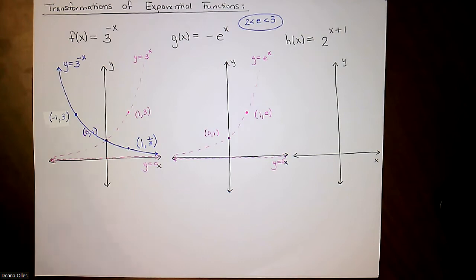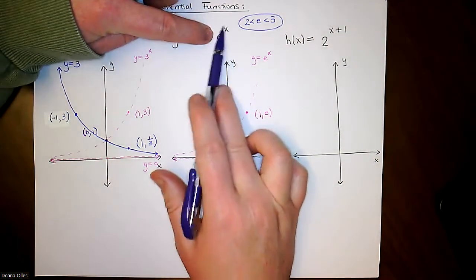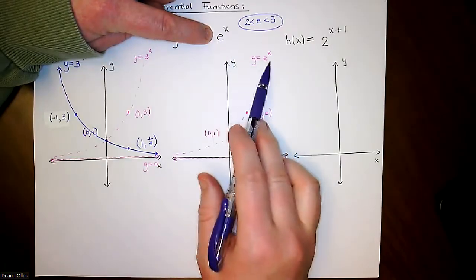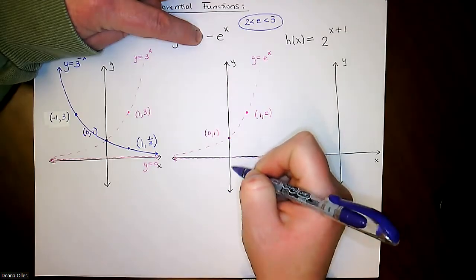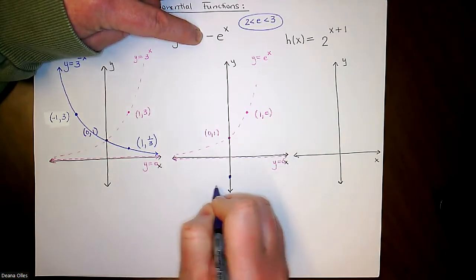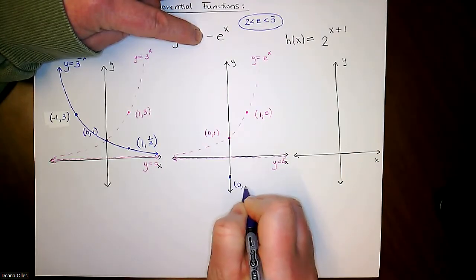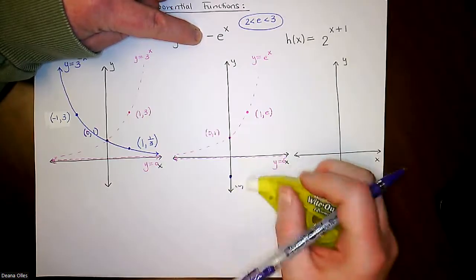Now, the negative in front of e to the x means that all of the y values I got from e to the x will now be negative. So instead of 0, 1, I will be down at 0, negative 1. I probably shouldn't put that there. I'm going to move it over to the other side.